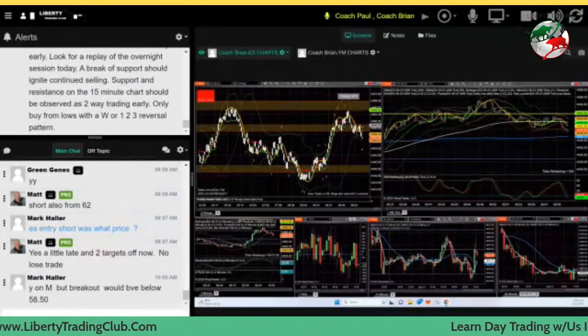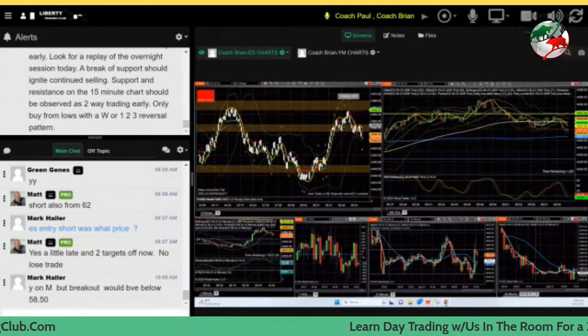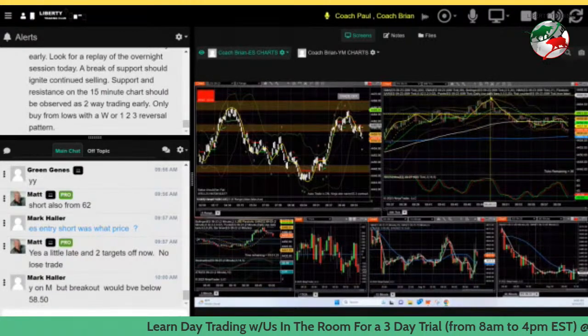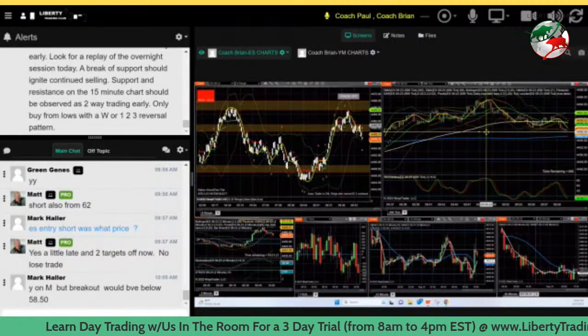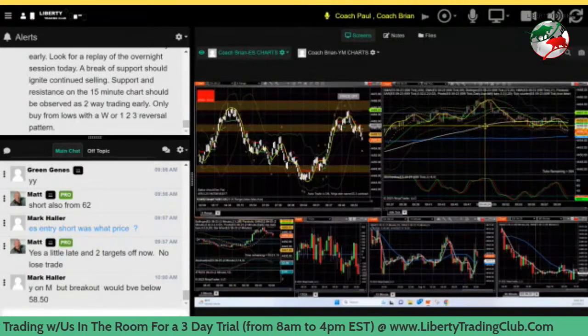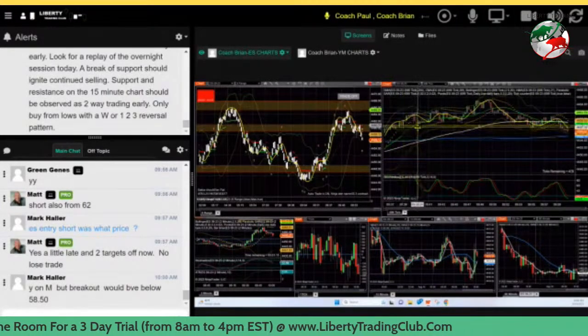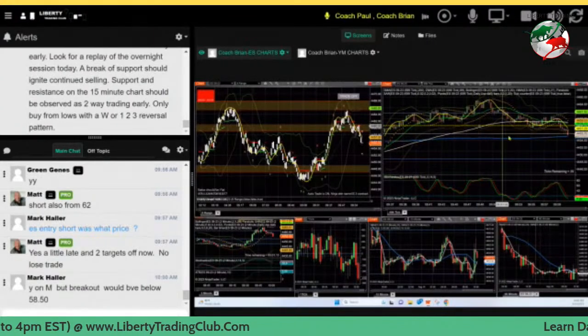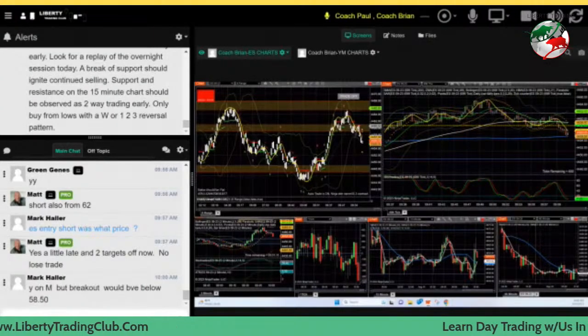So you either had the M, or we talked through this, guys, sell below the consolidation, right? So what was the low of the consolidation? 58.25. So 58 would have been your entry. Same for the YM here, right?